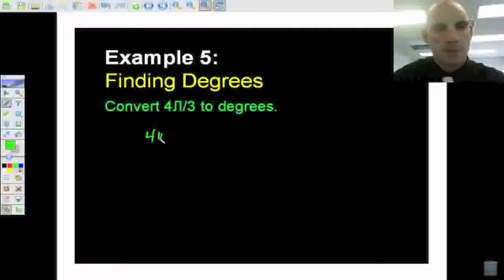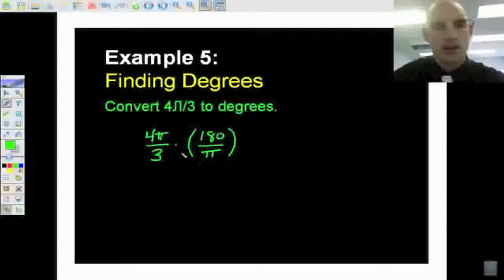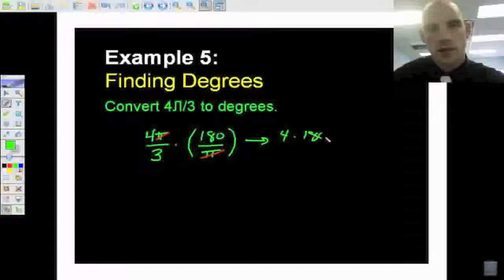4 pi over 3 times. What is it that I want? It's degrees. So when I cancel these things out, I've got pi canceling here, pi canceling here. I'm going to go on top with 4 times 180, but I'll divide this by 3. So this is 4 times 180 over 3.